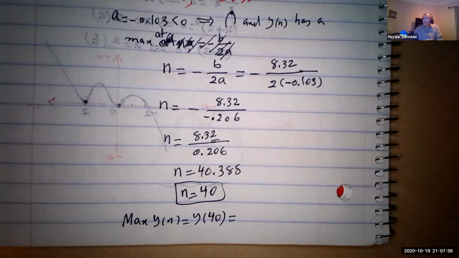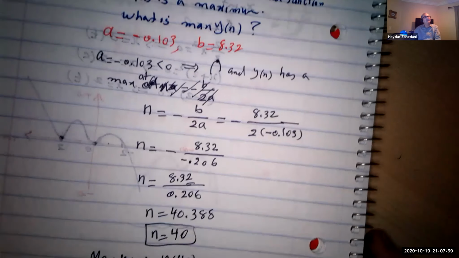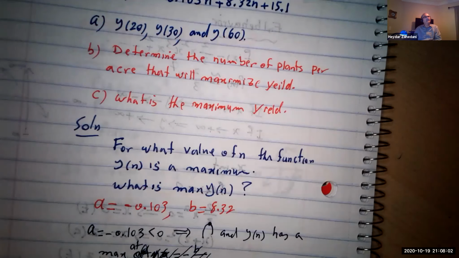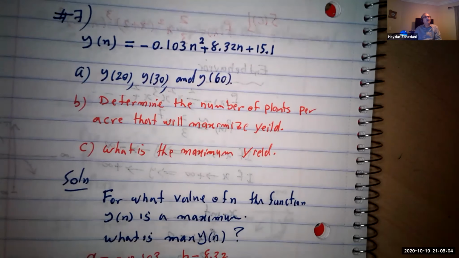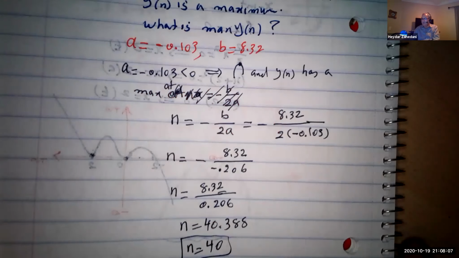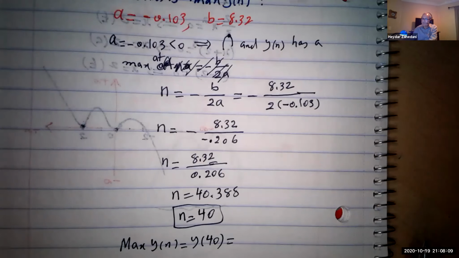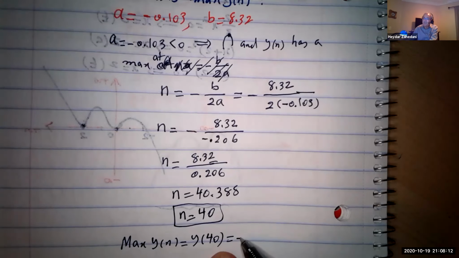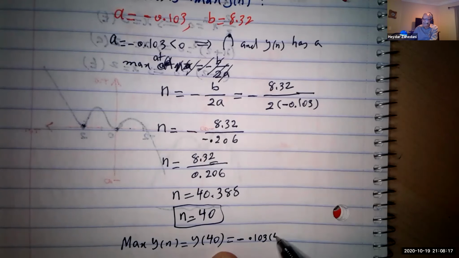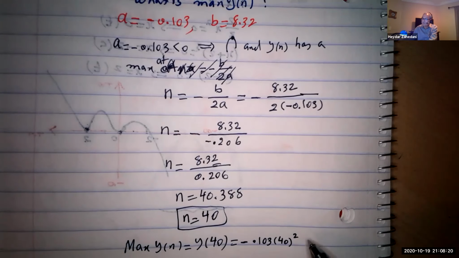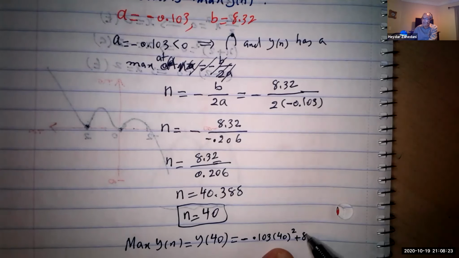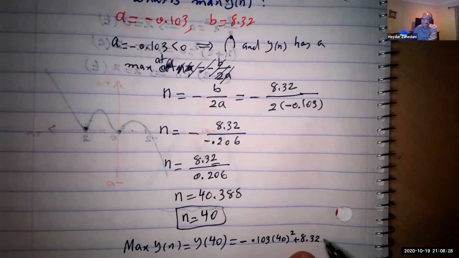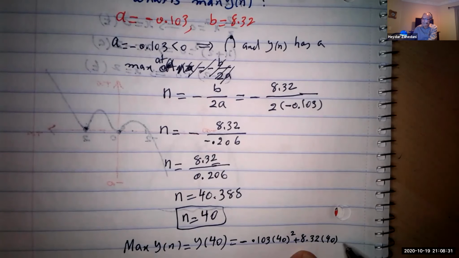Okay, this is the function. You have to use your calculator to get this result. Okay, y of n equal to negative 0.103 n squared, plus 8.32 times 40, and plus 15.1.